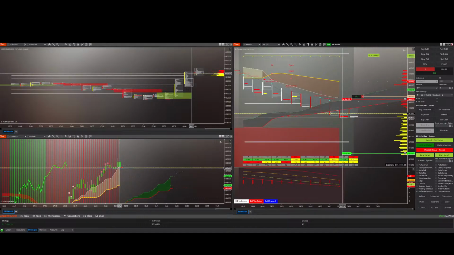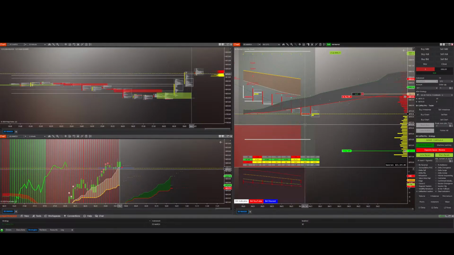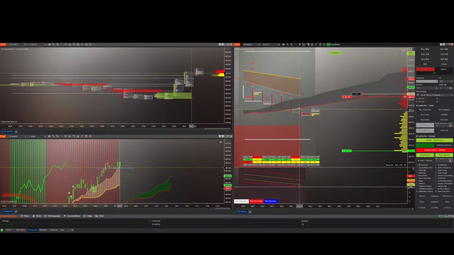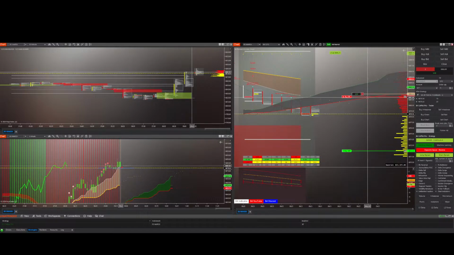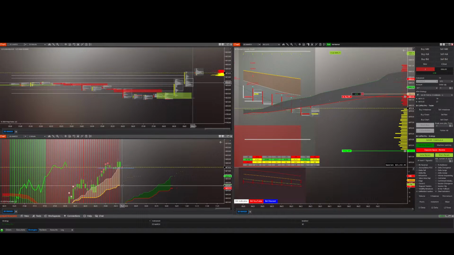There's our Kumo. I expected to probably find support here or here. Looking at the B4, we still got room here to the downside. We have not touched our Kijun yet.